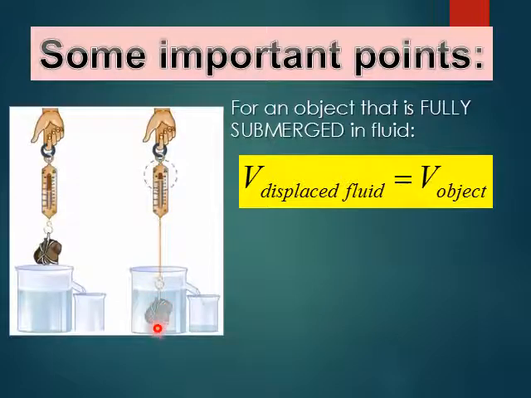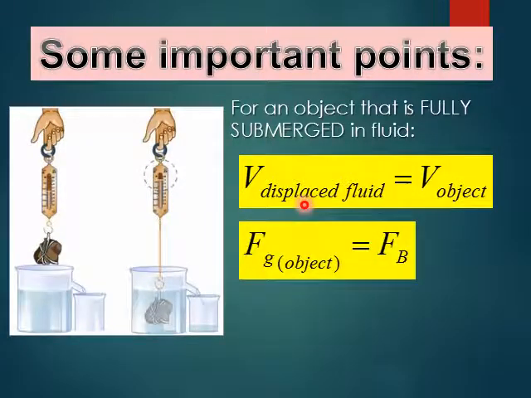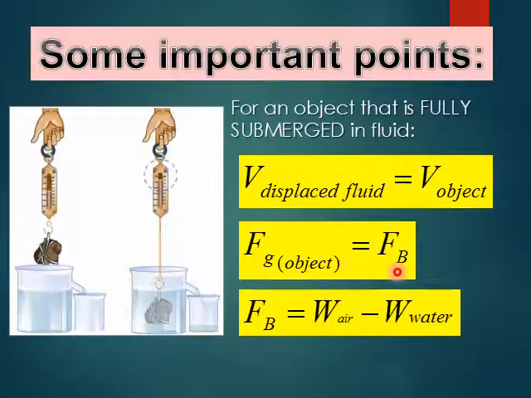So kung ano man ang volume ng rock na to, for instance, yun din yung same volume ng na-displaced na fluid. And the weight of the object is also equal to the buoyant force. Okay? Kapag, again, completely submerged ang object mo, the weight of the object is equal to the buoyant force.